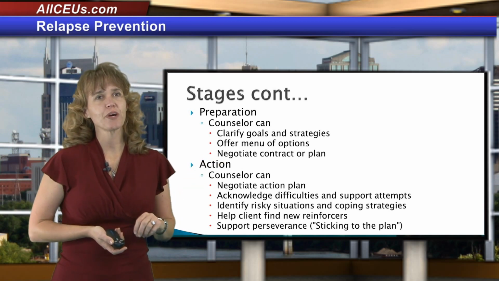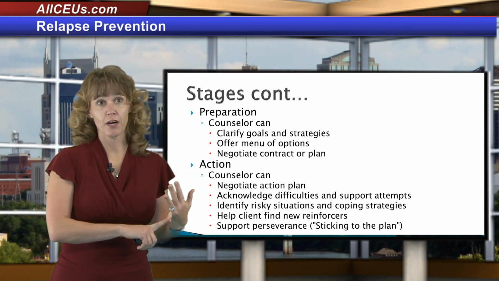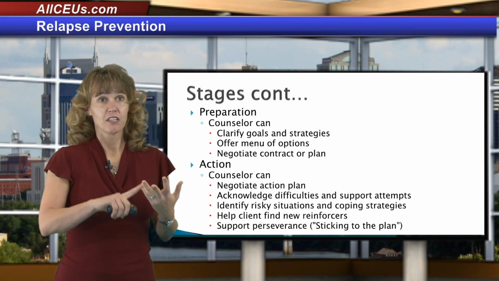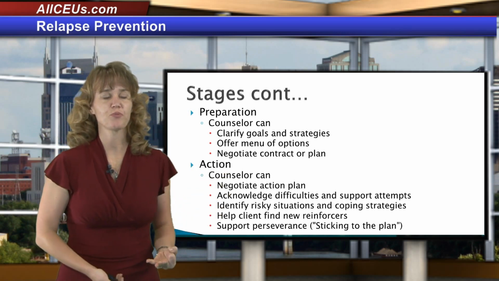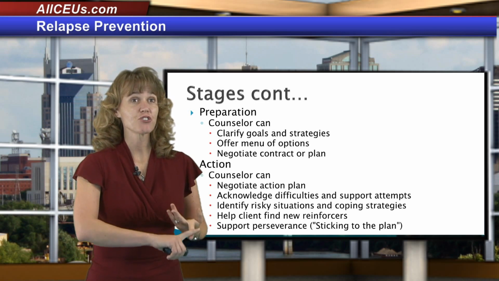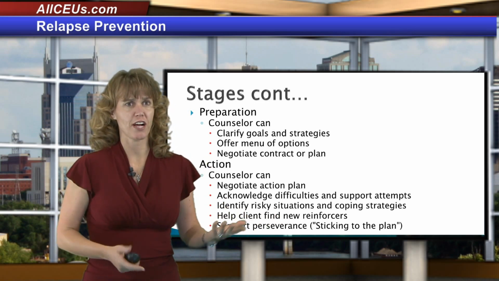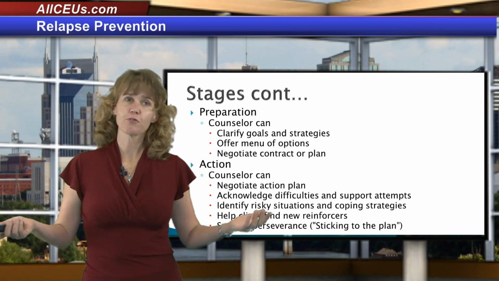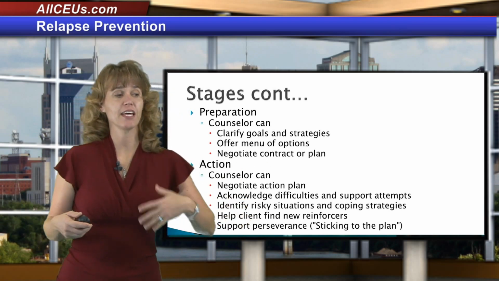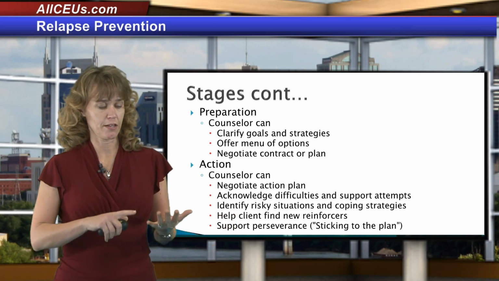Identify risky situations and coping strategies. For substance abuse, going to a bar, being around people that drink, being around old people, places, and things. Risky situations, being in a high-stress situation, risky situation. What are your coping strategies? For mental health, what are some risky situations that may increase your mental health issues that are going on?